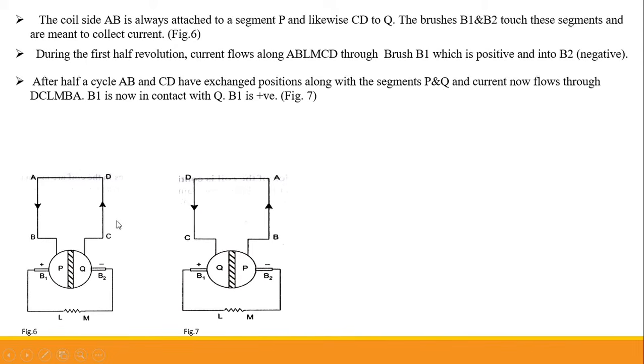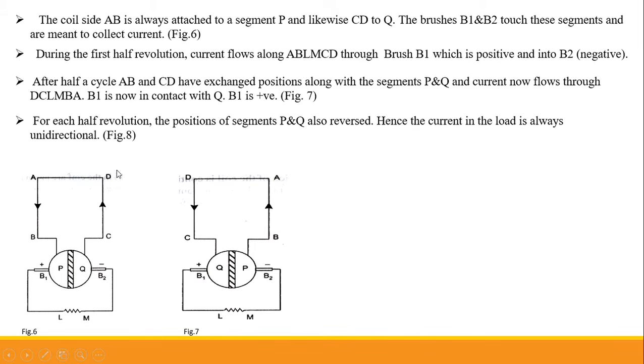Here, the position of the coil has changed, and also the direction of segments changed, and the current now flows through DC, LM, BA, but still B1 is in positive polarity, also B2 is in negative polarity. For each half revolution, the positions of segments P and Q also reverse. Hence, the current in the load is always unidirectional.